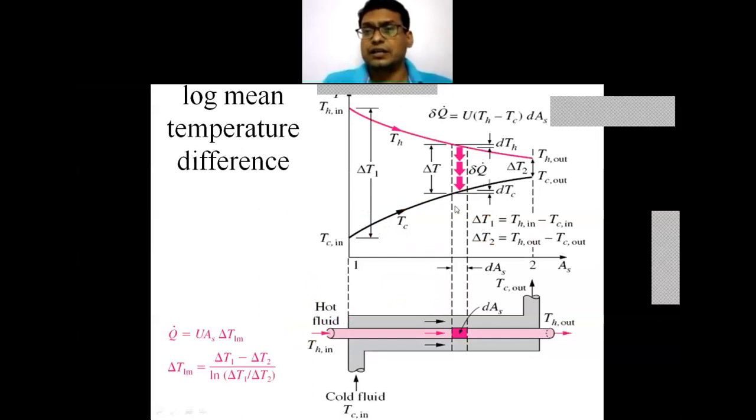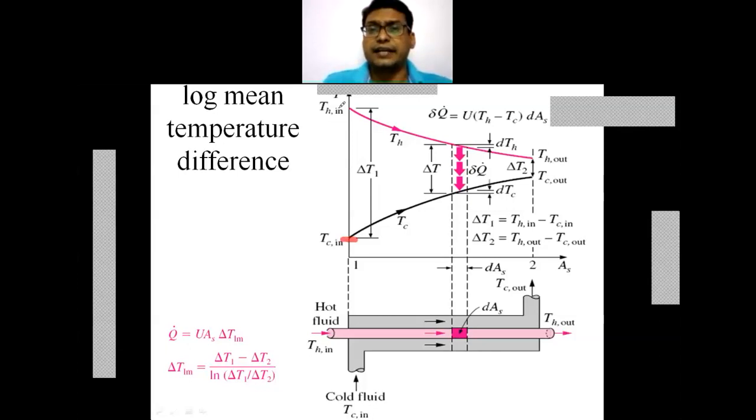So let us understand the temperature gradient from one end and on the another end also. The TCI and THI. First we will consider a case related to the parallel flow heat exchanger, where the inlet temperature for the hot fluid will be the highest and the inlet temperature for the cold fluid will be the minimum.